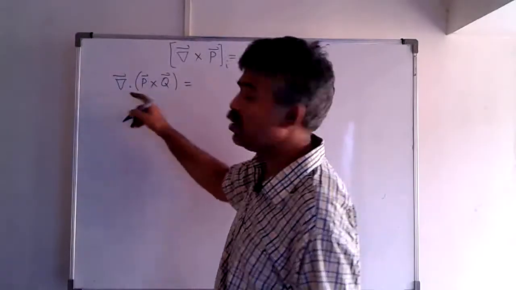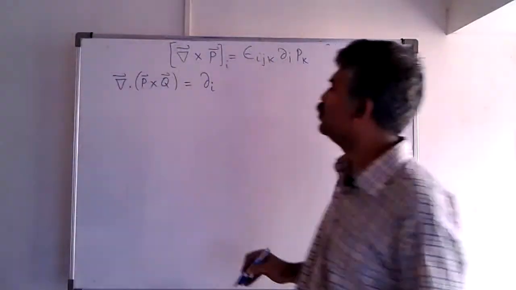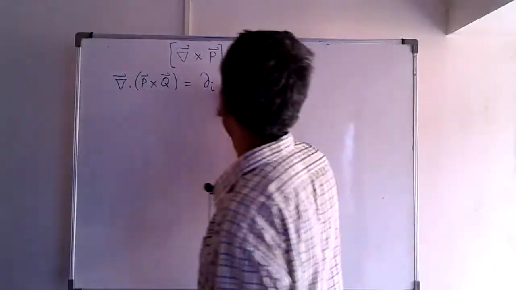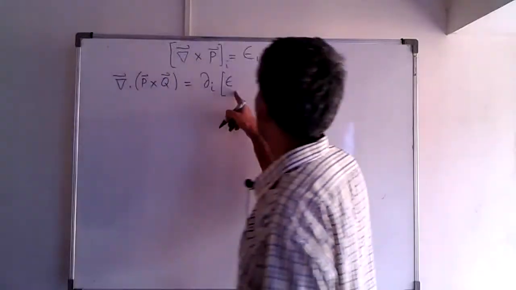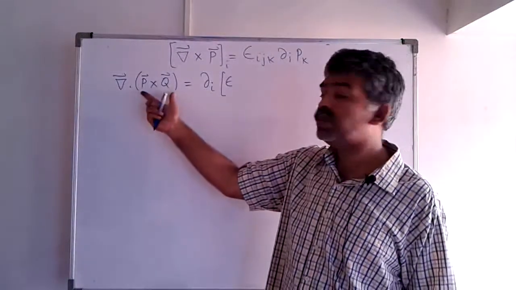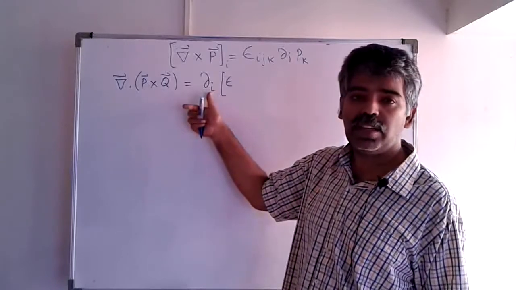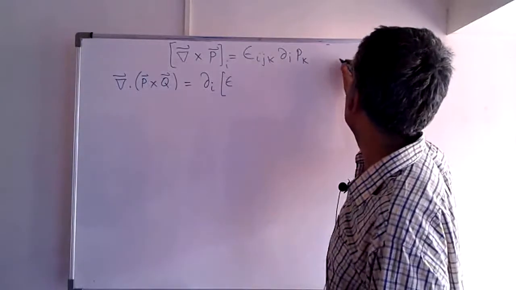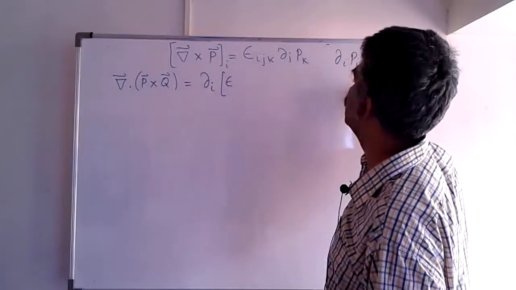This del dot, suppose this is del i, right? And P cross Q is epsilon. This is a vector which must return a free index i, that should be dotted with this. Then you will get the dot product. Means suppose del i pi. What is this?